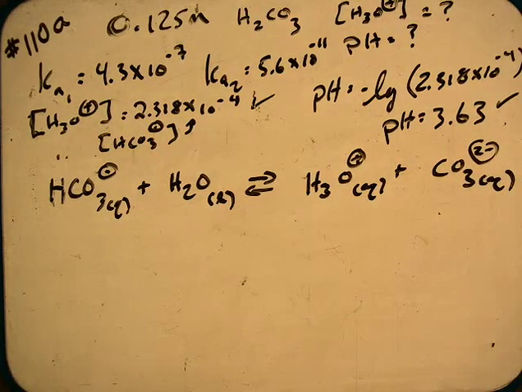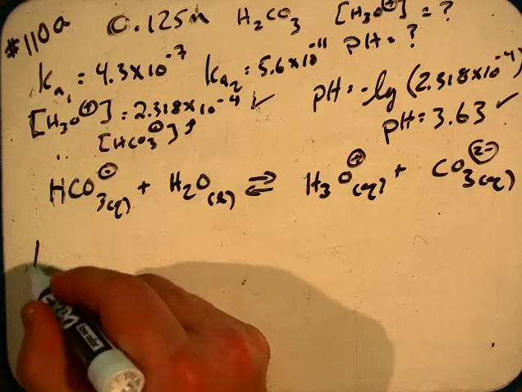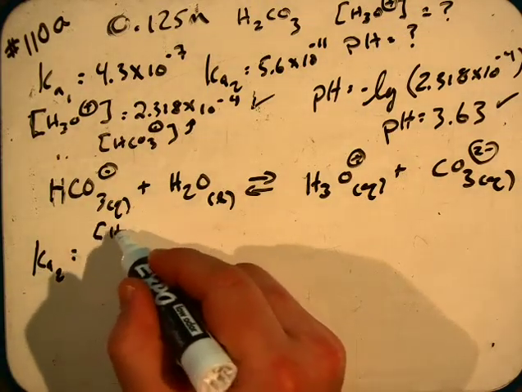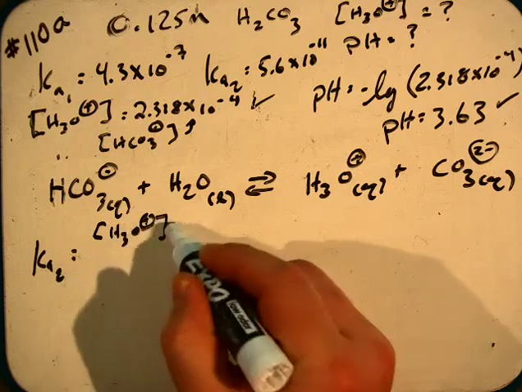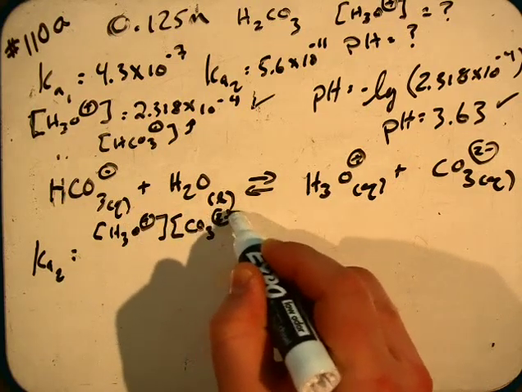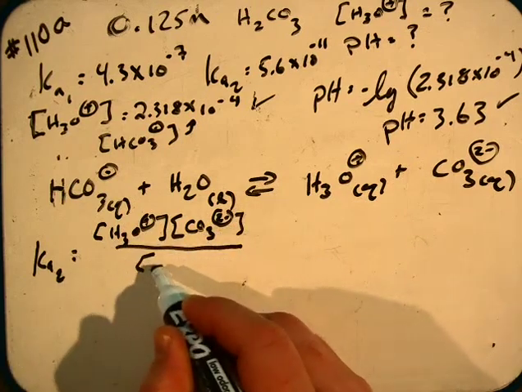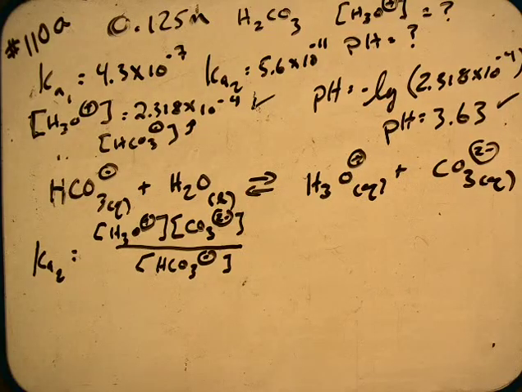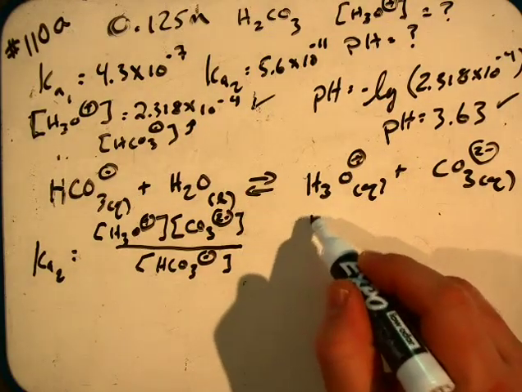And so that is the equilibrium that exists for the second step. And so that would be our second Ka, or Ka2, which would be, again, our products over our reactants. And from that we can generate an ice table.